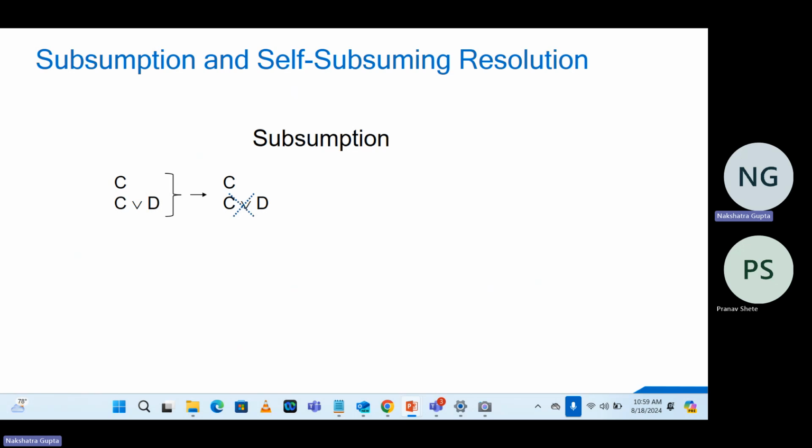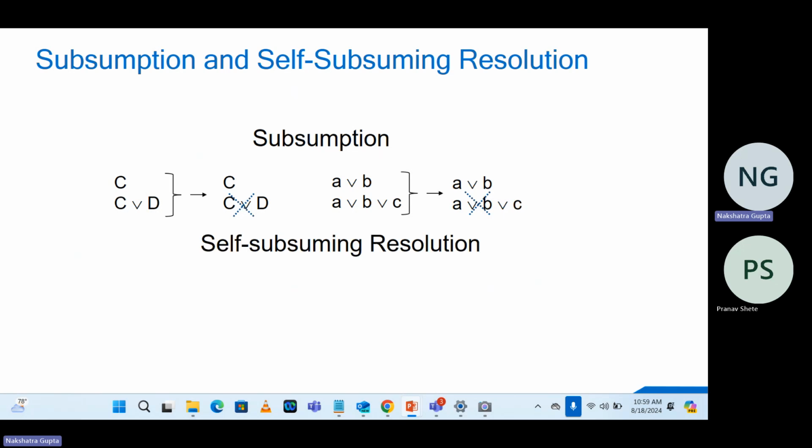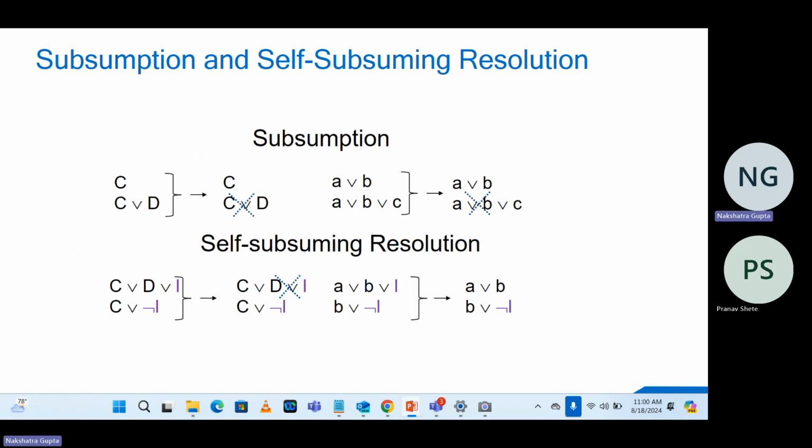If you have two clauses of the form C and C or D, you can just remove the previous C or D. This is subsumption. Then there is self-subsuming resolution: if you have two clauses of the form C or L and D or not L, where L is a single literal, you can resolve these two clauses and get the clause C or D without the L, so you can remove it. This is self-subsuming resolution.